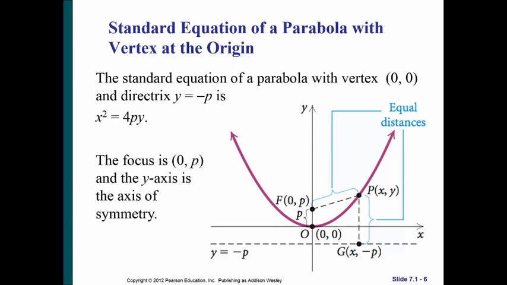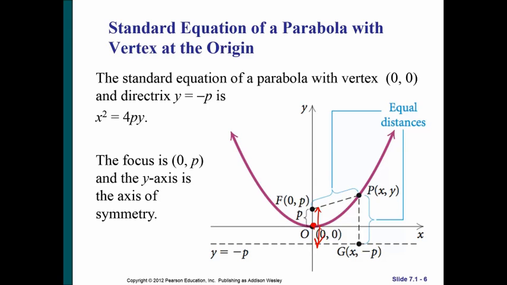And this distance from here to here, we'll call that P sub 2, is the same as this distance, P sub 2. So if you start out with a parabola with a vertex at 0, 0, and a directrix given by y equals negative p, check this out. You've got the vertex at the origin, 0, 0, and the focal point right here is p units above the vertex. So the directrix has to be p units below the vertex.